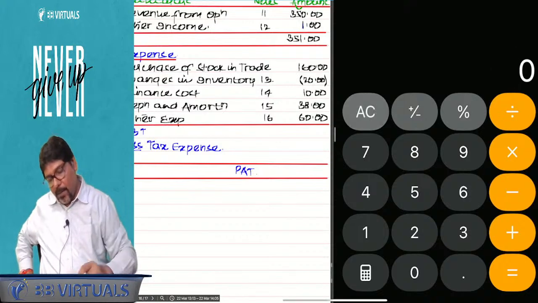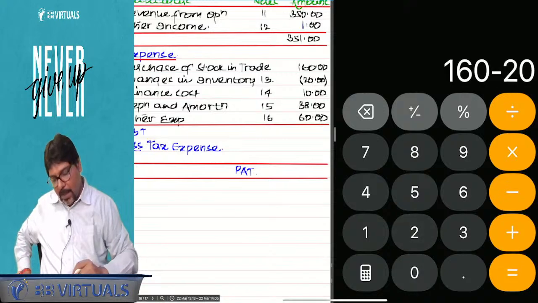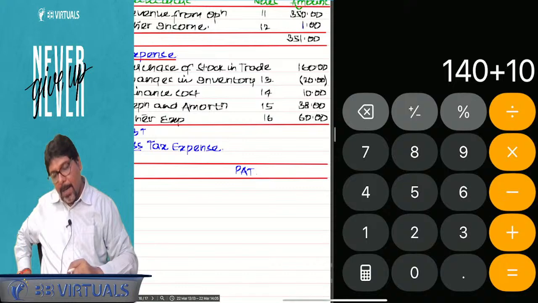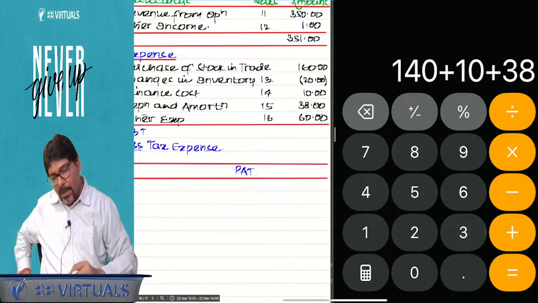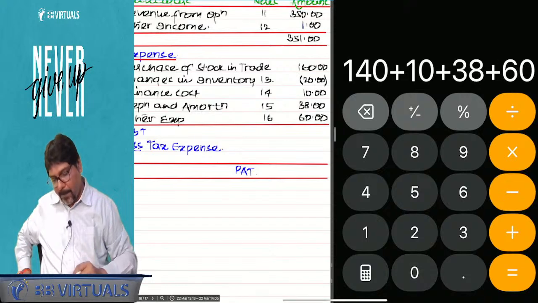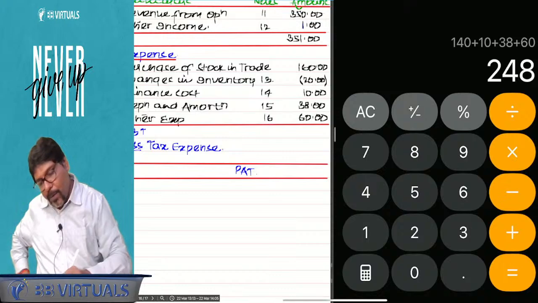That is 160 minus 20 is equal to 140, plus 10, plus 38, plus 60. 140 plus 10 is 150, 188, 88.